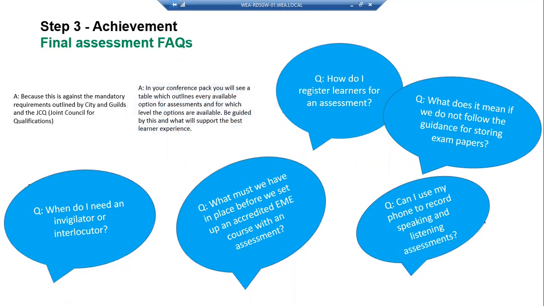I'm just thinking about the different options for the assessments. We have referred to the conference pack quite a lot, but there is a table in there which gives you every available option for assessment. Be guided by this. It does have the most up-to-date guidance in there.